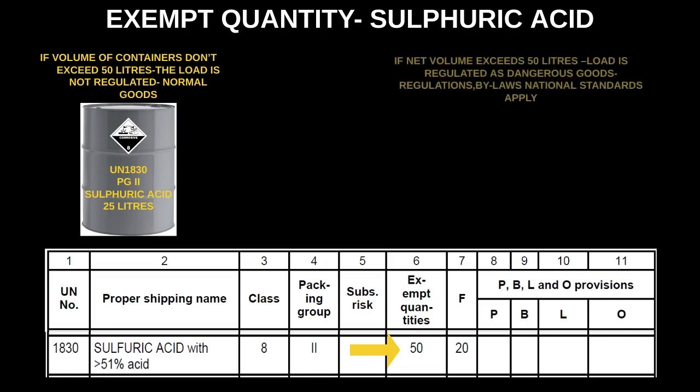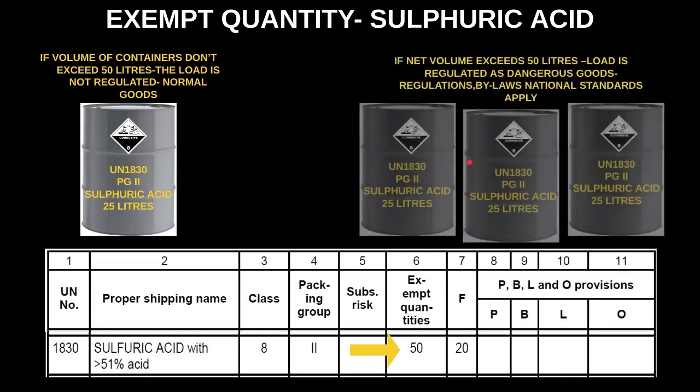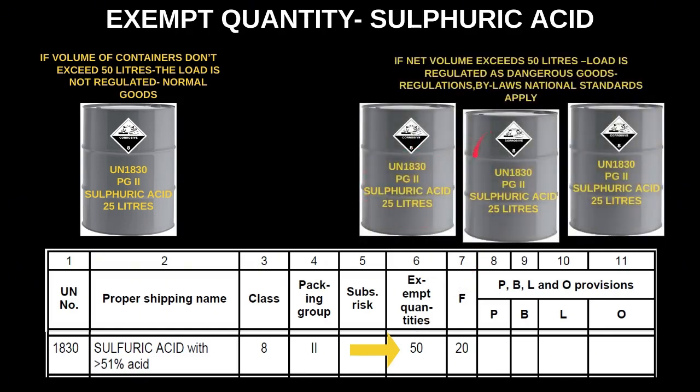Splitting loads. If we use multiple containers, example 25 liters plus 25 liters plus 25 liters, on the same vehicle, and the total load exceeds the exempt quantity, they are treated as a regulated dangerous goods load.